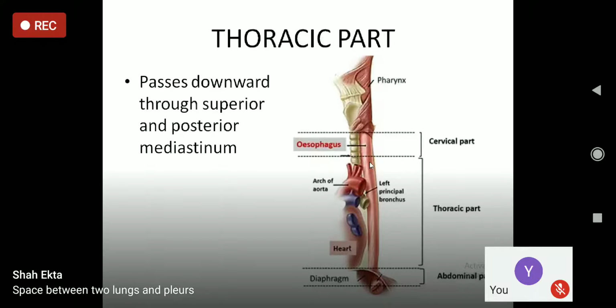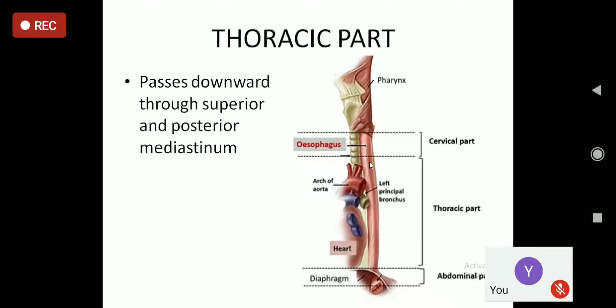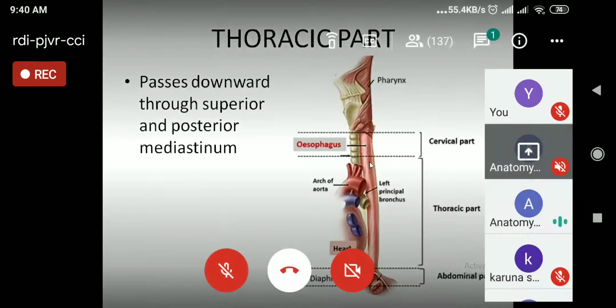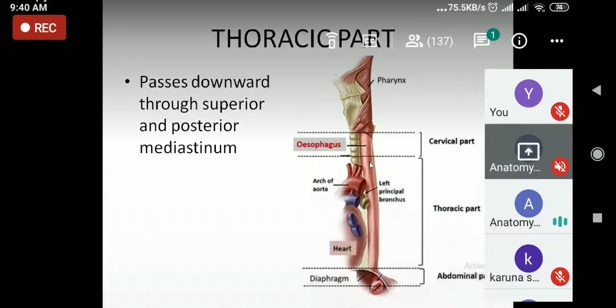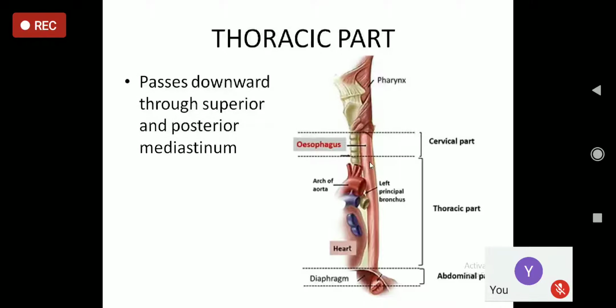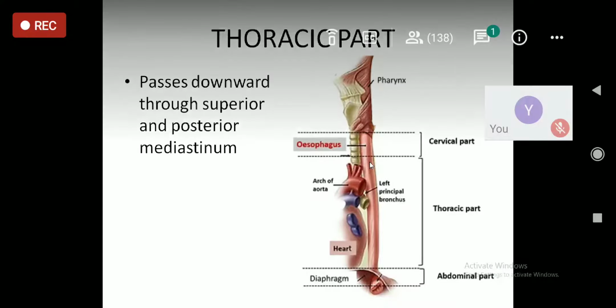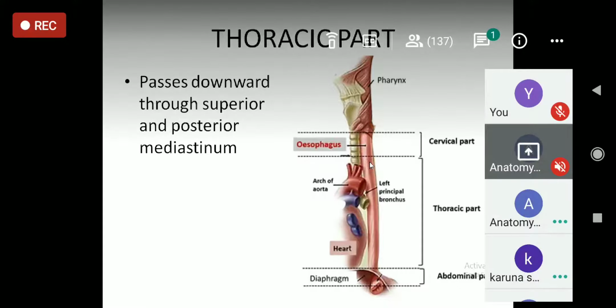So mediastinum we already have studied is divided into, what is the subdivision of mediastinum? Superior mediastinum and inferior mediastinum. Inferior mediastinum is further divided into anterior, middle, and posterior. Only one of you is speaking, isn't it?